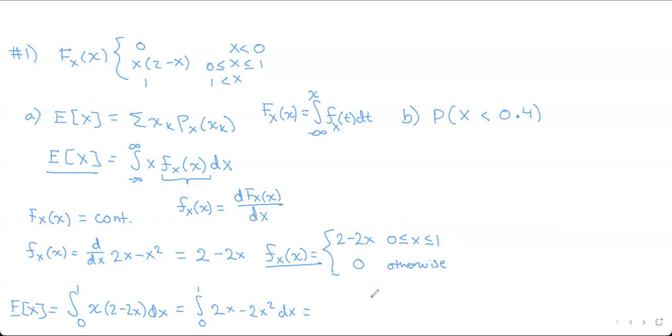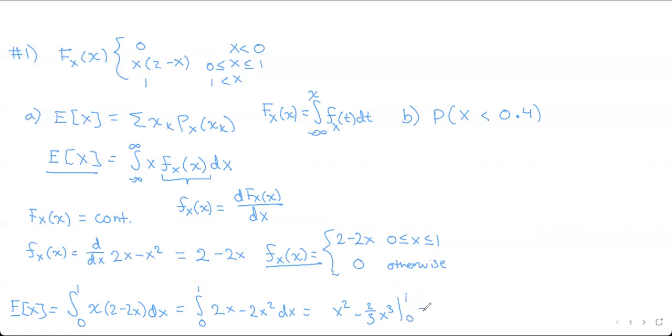So we should get x squared. It's going to be 2x squared over 2, but the 2's will cancel. And then you'll have minus 2 over 3 x cubed, right? We raise the power by 1, divide by 3. And then we're going to evaluate this from 0 to 1.